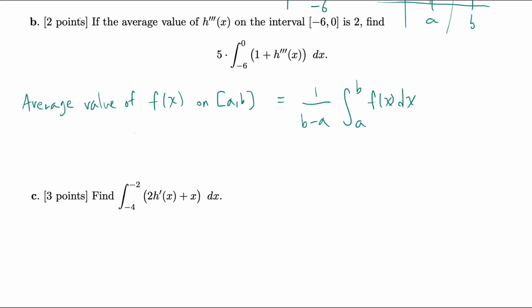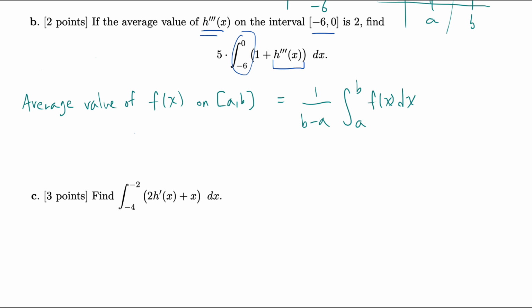So looking at part B, we are given that the average value of h triple prime of x on this interval is 2. And we wish to find this sort of integral. Something you should see is that since we have a plus, and the integral behaves very nicely with plus, we can split up this integral. So really the difficulty here is, what's the integral from negative 6 to 0 of h triple prime of x?